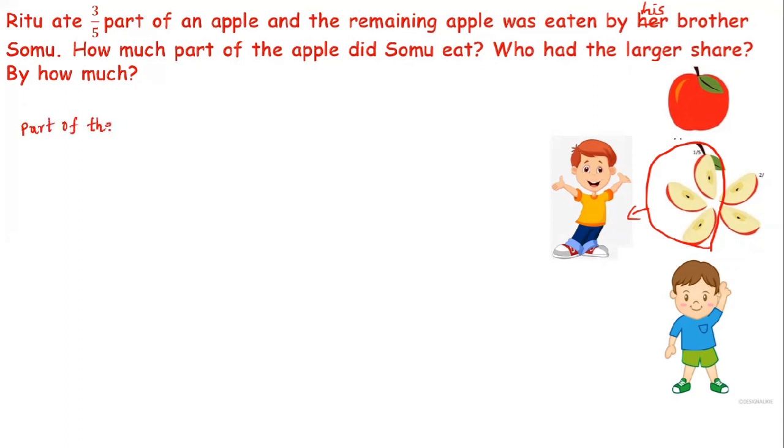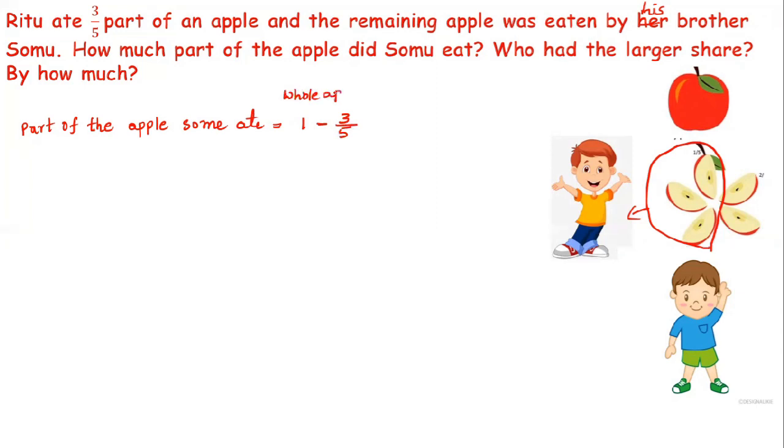The part of the apple Somu ate is equal to, first they had 1 whole apple, minus the part of the apple Ritu ate, that is 3/5.